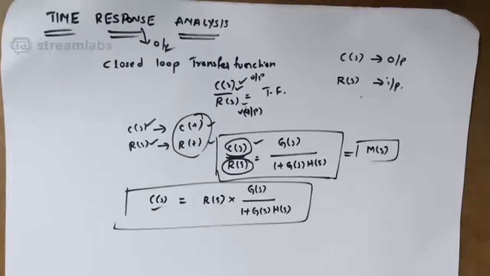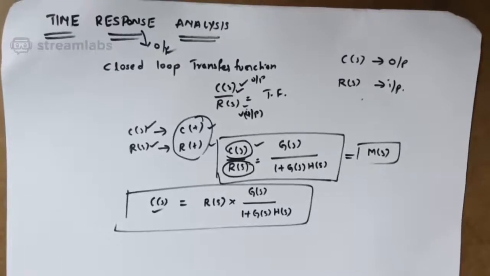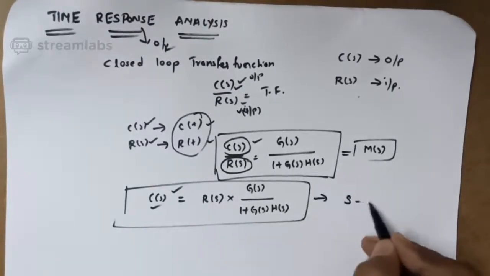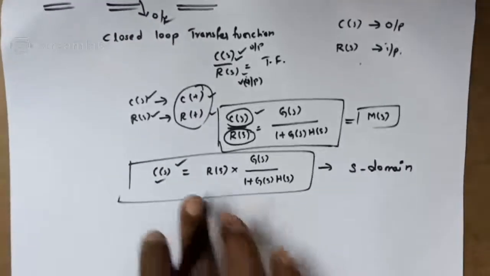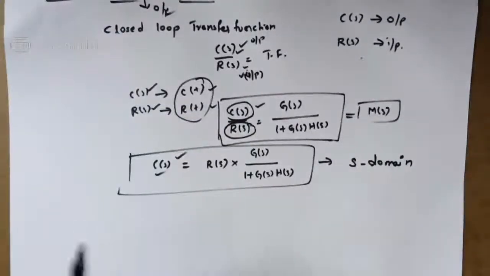Then c of t equals inverse Laplace of C of s, that equals inverse Laplace of M of s into R of s. Why?